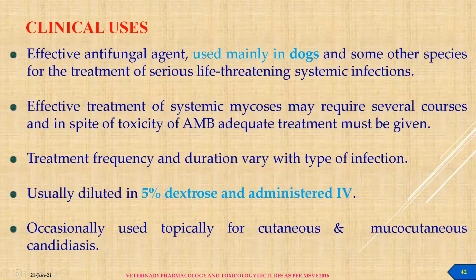It is used mainly in dogs and some other animal species for serious life-threatening systemic infections. Effective treatment may require several courses because of its toxicity, but we need to treat the patient. The treatment frequency and duration vary with the type of infection.